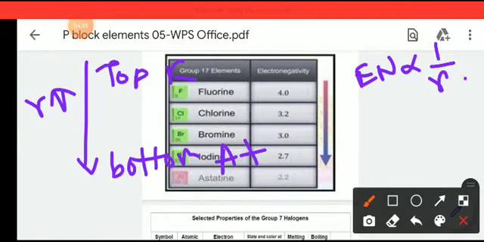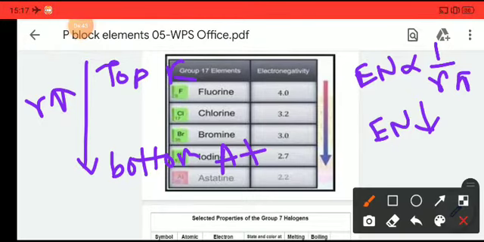As the radius increases on going from top to bottom, the electronegativity will decrease, because electronegativity is inversely proportional to radius. That is why, from fluorine to astatine, we see a decrease in electronegativity values.